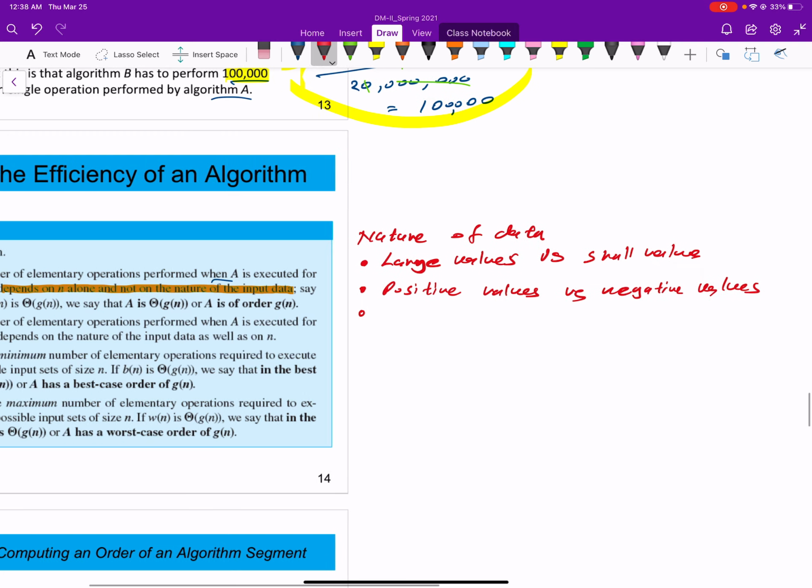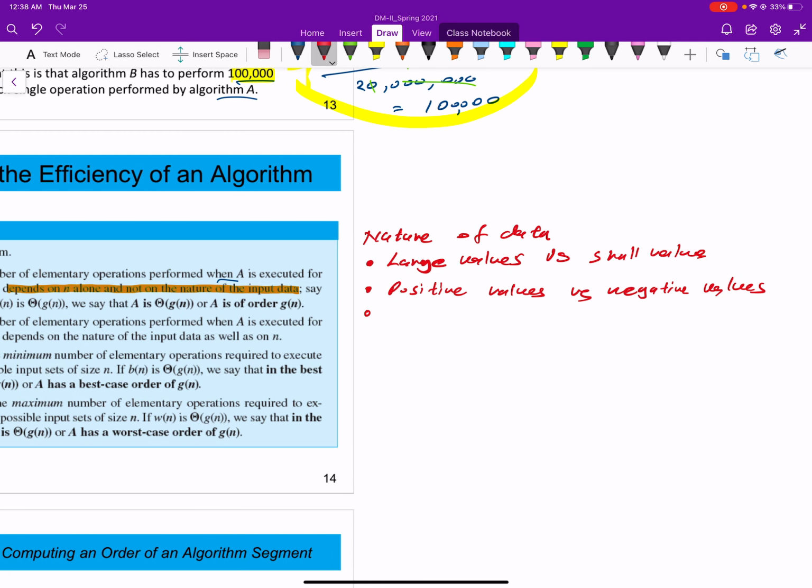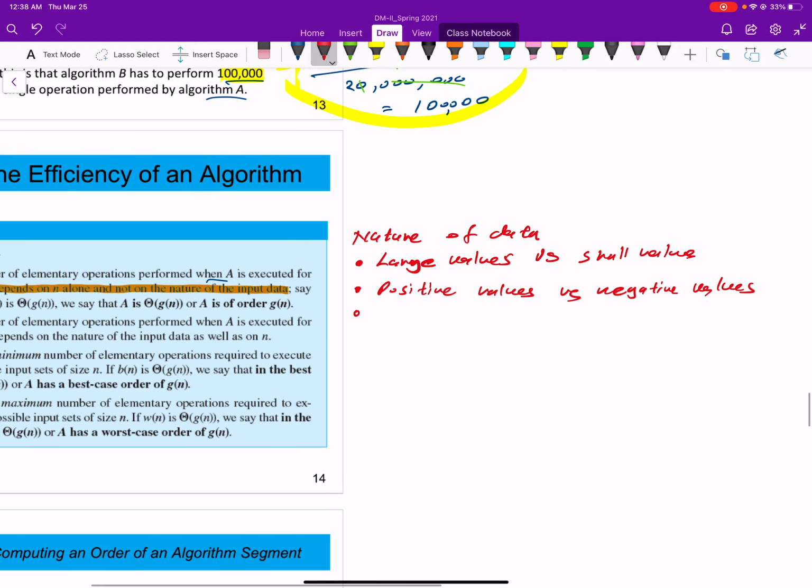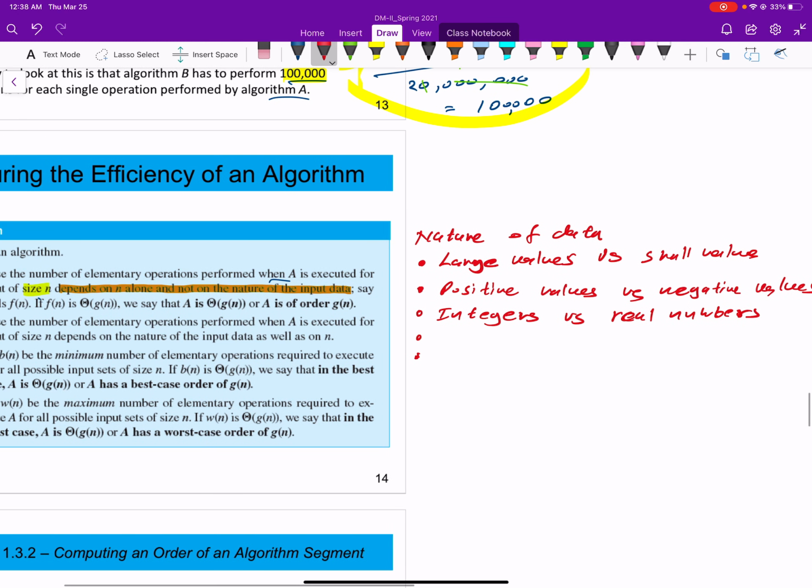Or maybe integers versus natural numbers, or maybe integers versus real numbers. Okay, so there are several such reasons. Those are called nature of data.